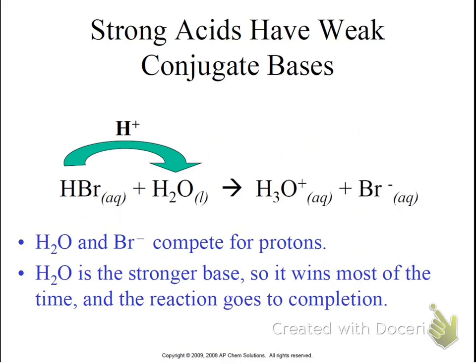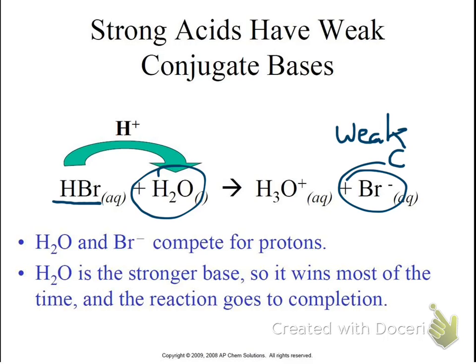All right, so we kind of talked about this earlier. In this case, HBr is donating its proton over to H2O. And with this system right here, the two guys that are going to be competing for those protons would be water and Br-. But in this case, we said that since HBr is a strong acid, that means that Br- is a weak conjugate base, and that would also be a base.